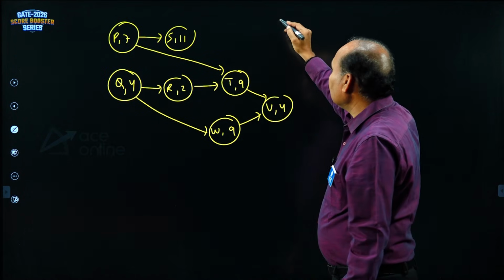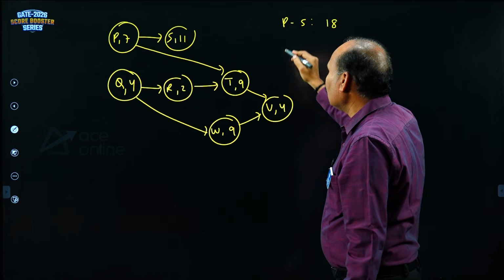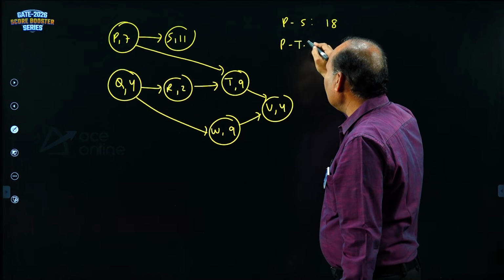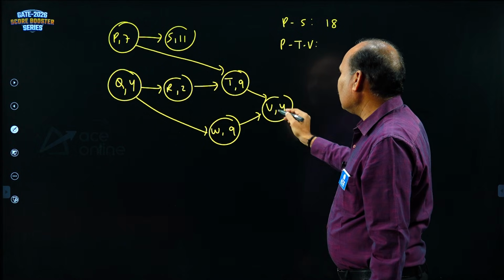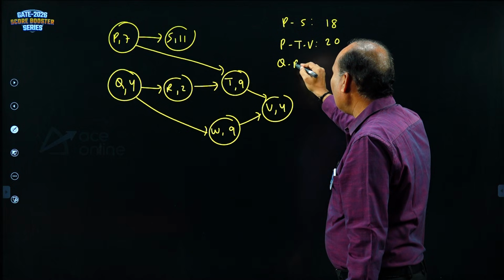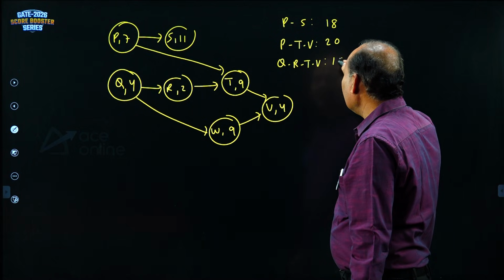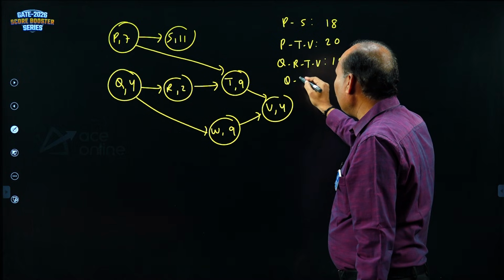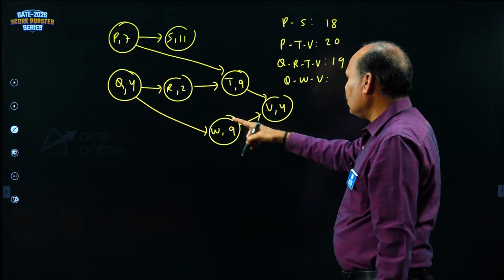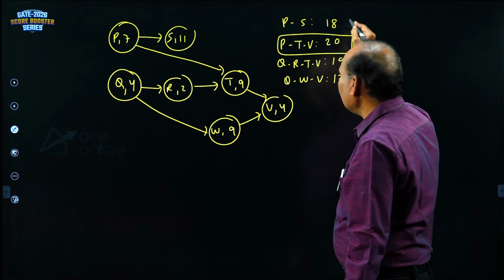Take the paths. PS, 18. PTV, 13 plus 20. QRTV, 6, 10, 19. QWV, 13 plus 4, 17. Critical path is PTV, right?